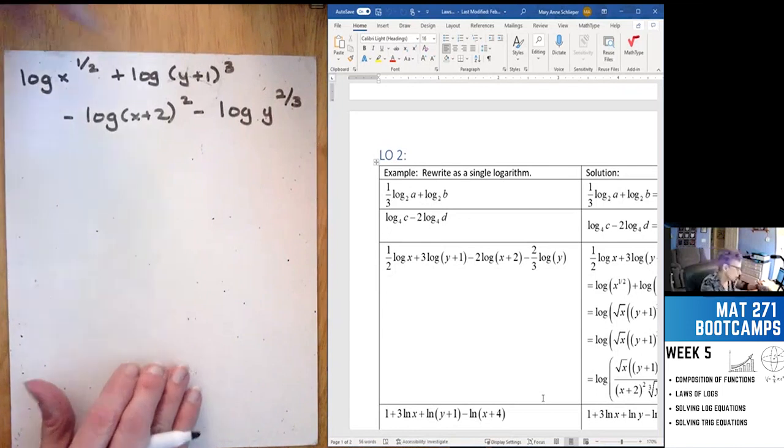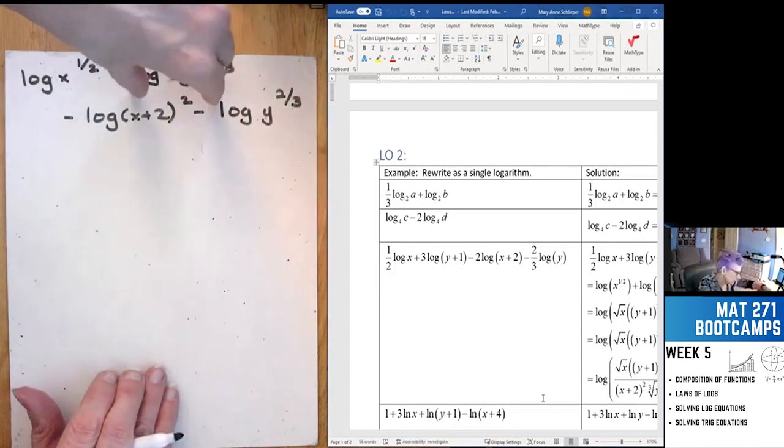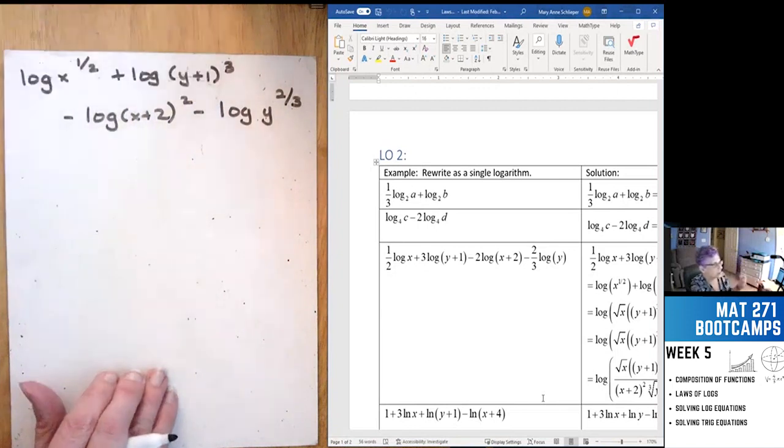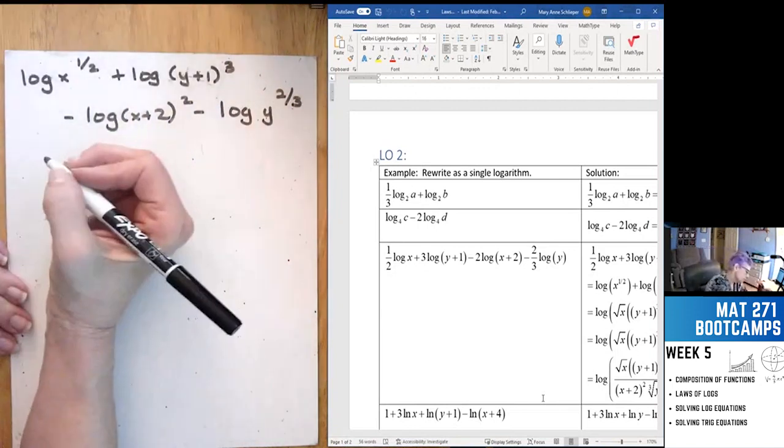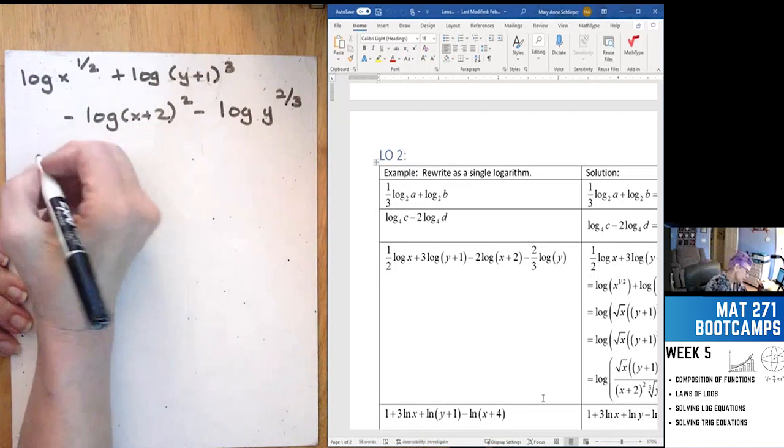Now, if you want, you can go ahead and combine these two together.